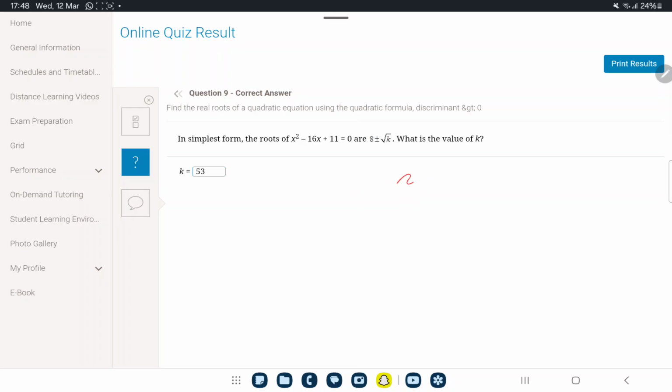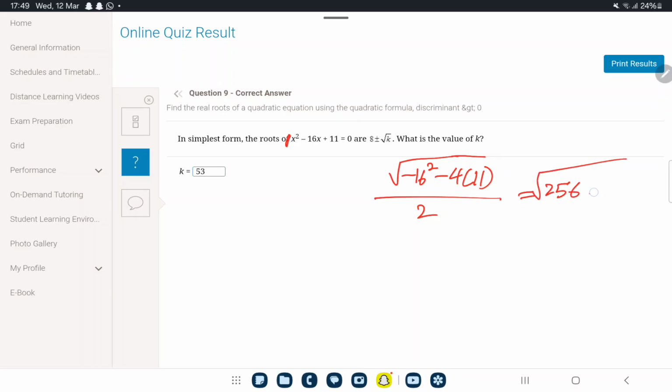Again, discriminant over 2a, so discriminant is b squared minus 4ac. b is minus 16 squared, minus 4ac, a is 1 and c is 11, 4 times 11, over 2a, a is 1. 16 squared is 256, don't forget the radical, minus 44 over 2.